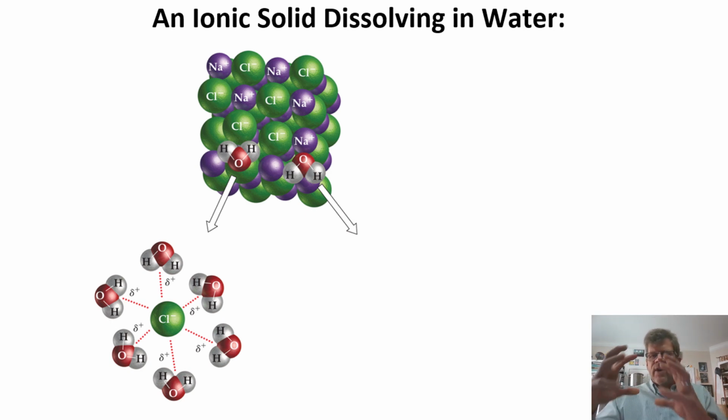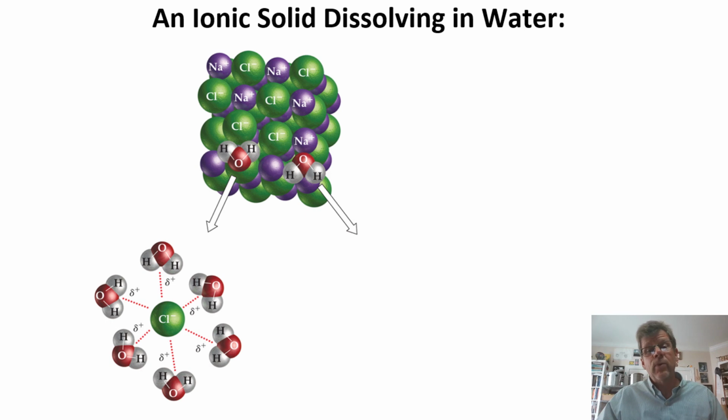And we get this spherical sheath around it. Since that chloride ion is now completely surrounded by this solvent sheath, it just floats away because it is trapped. It cannot reassociate with that crystal of sodium chloride.